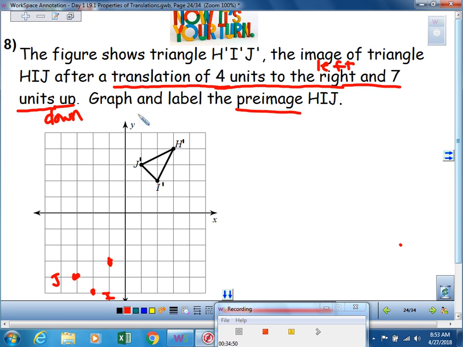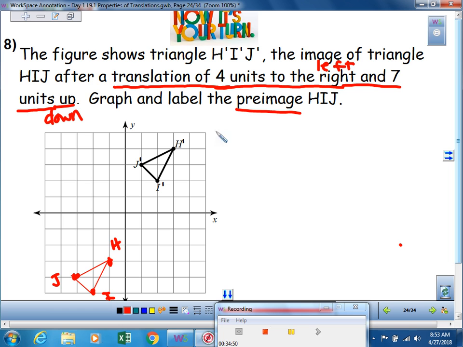The algebraic rule would always be the rule that is given from the pre-image to the image. So that's the rule from the pre-image to the image. Okay, so you should have it looking like that.